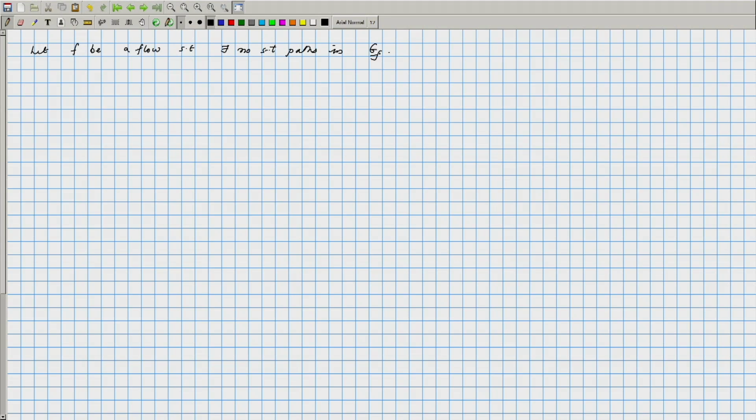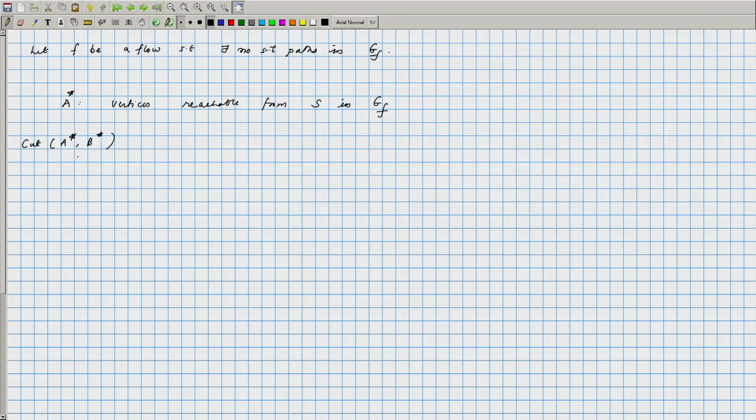Now let A be the vertices reachable from S in GF. So, in the residual graph, look at all the vertices reachable from S. Clearly, since an ST path is not there, A does not contain T, and the cut consists of this A and its complement. Okay. So, the cut that we have, let us call this A star.